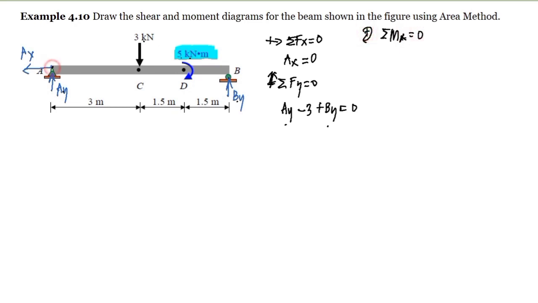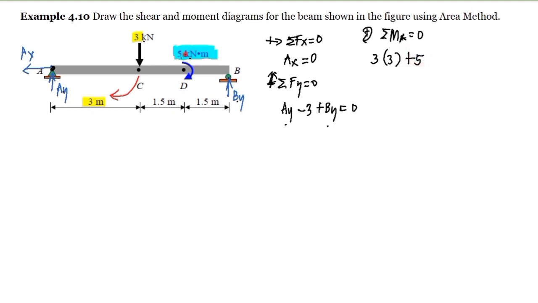So, kung kay A ako magmo-moment, this 3 kN here will create a clockwise rotation. So, I would have 3 kN multiplied by the distance perpendicular to this 3 kN, which is this 3 meters. So, we have here times 3. And we have this moment, clockwise siya, so positive. So, plus 5 kN-meter.